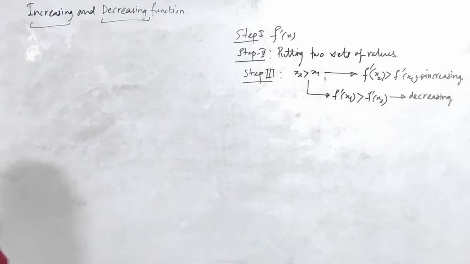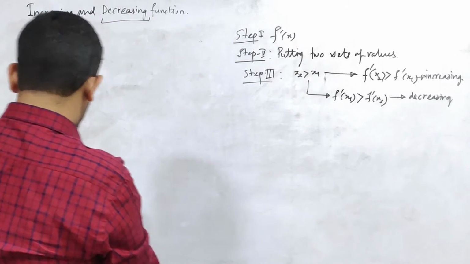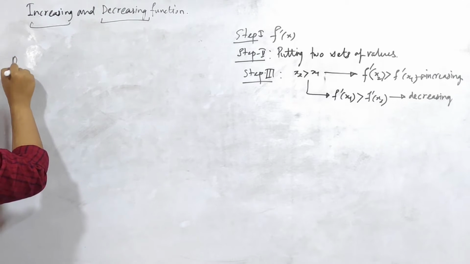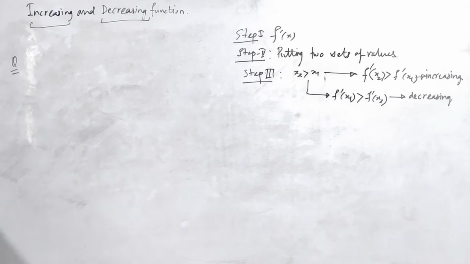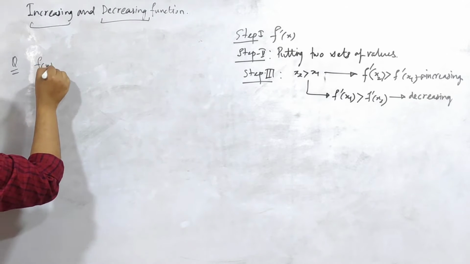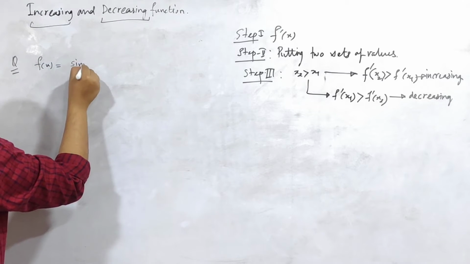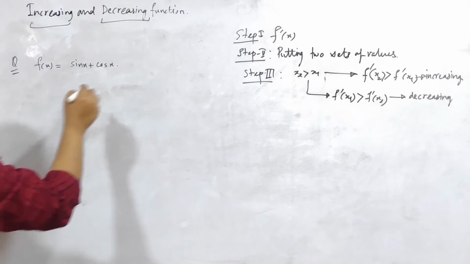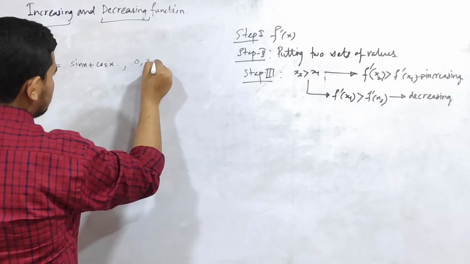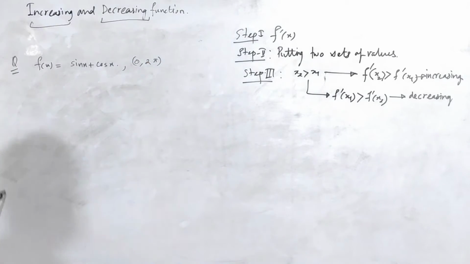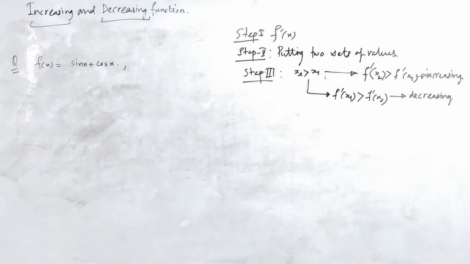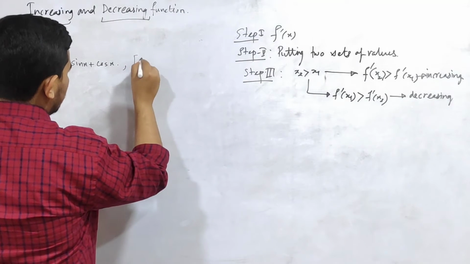Let's try out one problem again. We are given this function f of x equal to sin x plus cos x, where the interval is 0 to twice pi and it is a closed bracket, that is, both 0 and twice pi are in that interval.